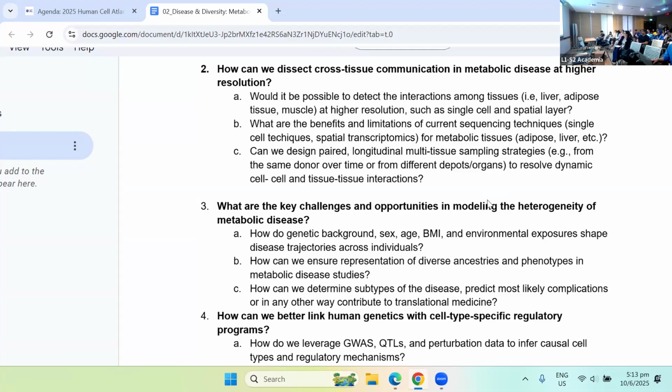If we have to prioritize certain tissues, and if we have to prioritize certain diseases, which diseases and tissues should we immediately focus on at the next stage of the HCA? The current stage of the HCA, as we are well aware, is focusing on healthy tissues, and phase 2 of the HCA will branch into diseases. So which diseases and which tissues do we focus on in the field?